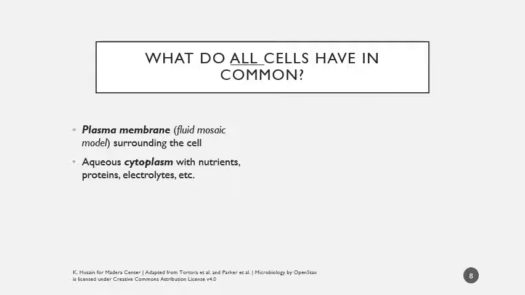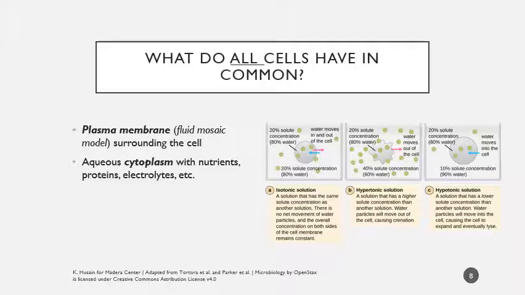The inside of the cell is filled with a water-based cytoplasm that has a bunch of nutrients, proteins, electrolytes, and other things like that. So again, the goal here is to have a difference between the inside of the cell and the external environment.